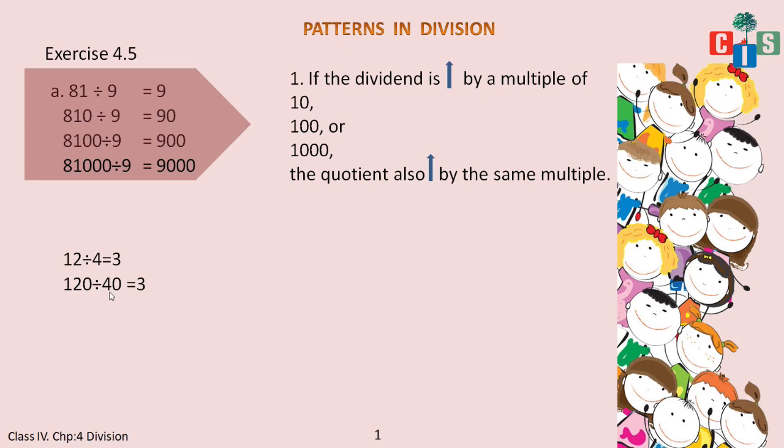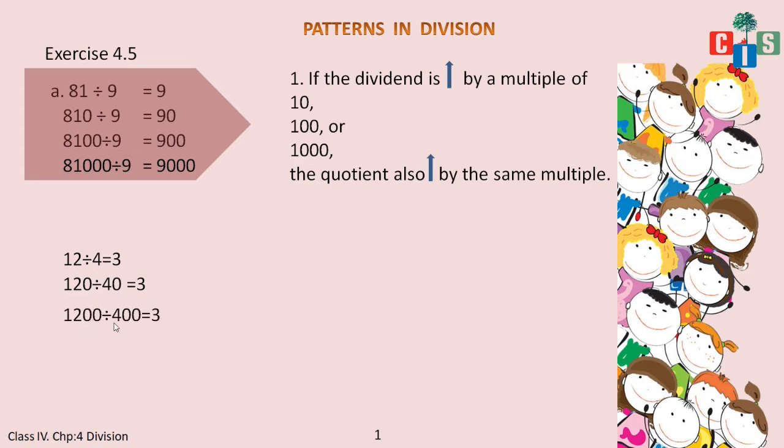Observe here, students, both the dividend and the divisor have 0. What trick we will apply here is we will cut the same number of zeros from the dividend and the divisor. So I'll cut 0 from 120 and 0 from 40, and my quotient will be the same as before.